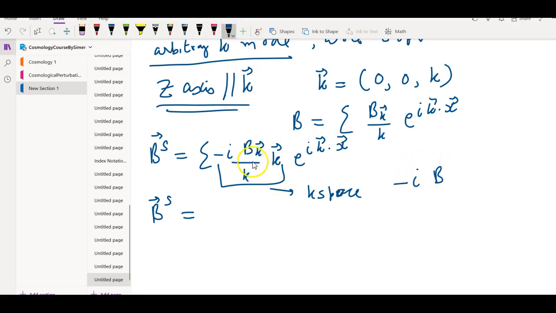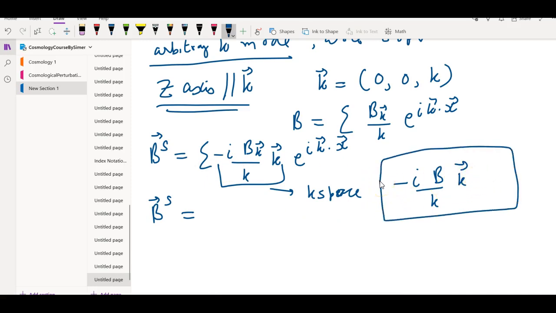So this is minus iB over k. So this is the scalar vector in k space. Vector Bs in k space. Curl free vector in k space.